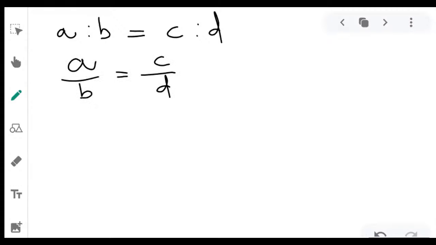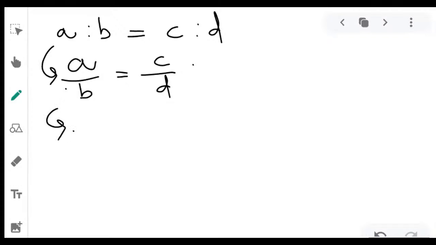Again, I have the same condition. A is to B equals C is to D. So from this I know A by B is equal to C by D. This is how we write it in the fraction equation.